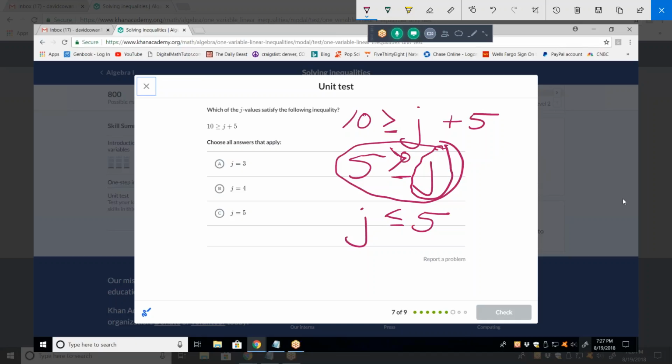Even from this step, I would not say 5 is greater than or equal to j. I would say j is less than or equal to 5. So we might as well write it. When you're doing inequalities, it's better to write the variable on the left. But just be careful. When you have it on the right and you want to switch it, just switch the two terms and the direction and you're fine. But don't change any signs.